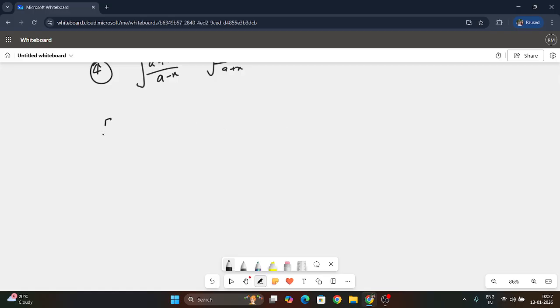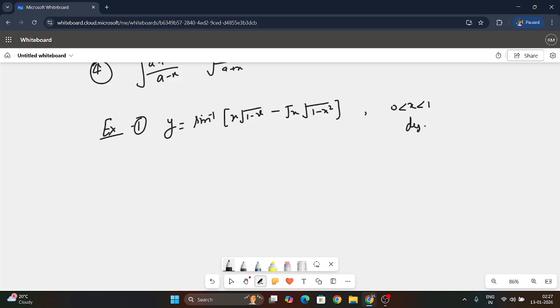Take the example, and the question is y is equal to sine inverse of x root of 1 minus x minus root x times root of 1 minus x square, where x is lying greater than 0 and less than 1. Then we have to find dy by dx.